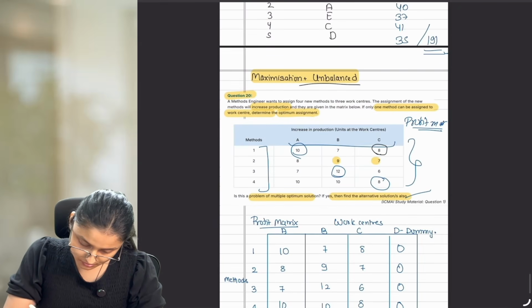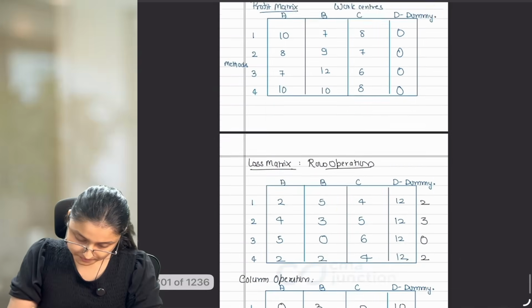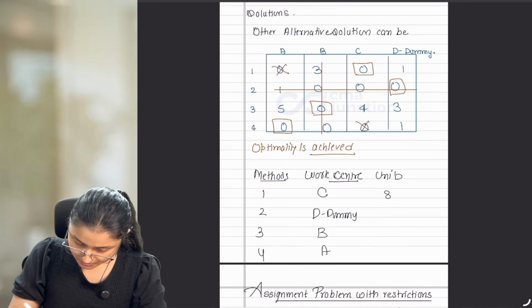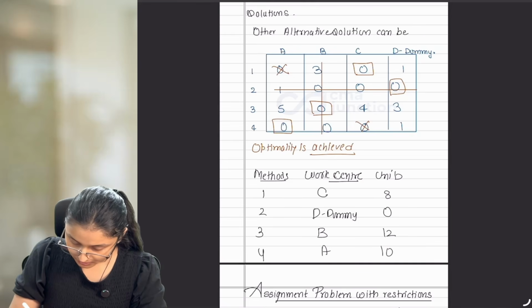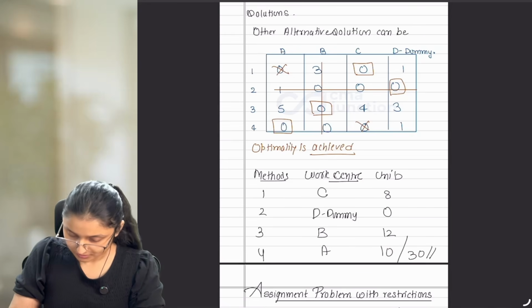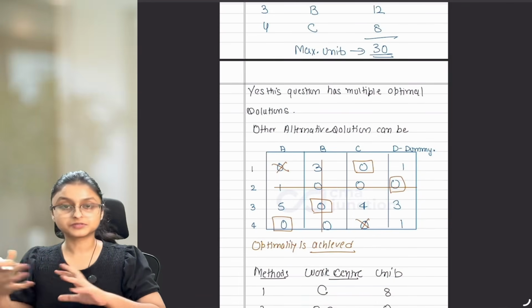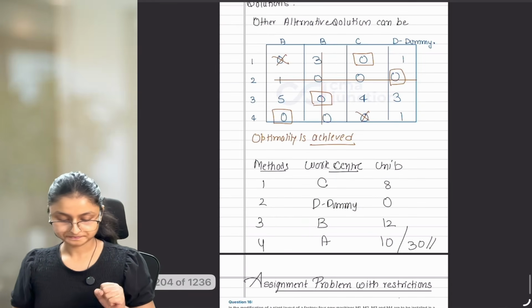C, then B for third and A. So 8, 0, 12 and 10. This is also equal to 30. Right? So in both the scenarios, or both the alternatives or multiple solutions, we are getting the same answer.